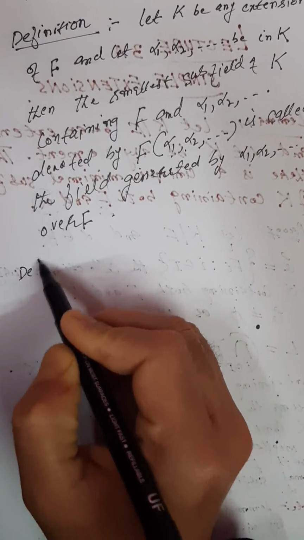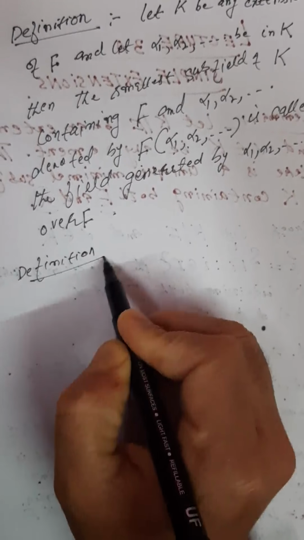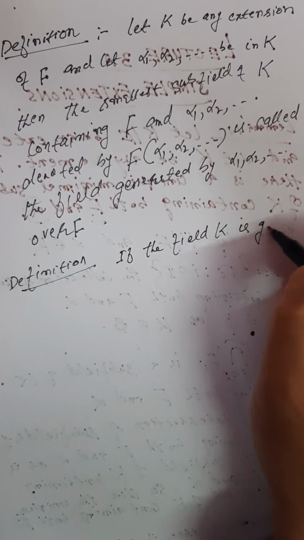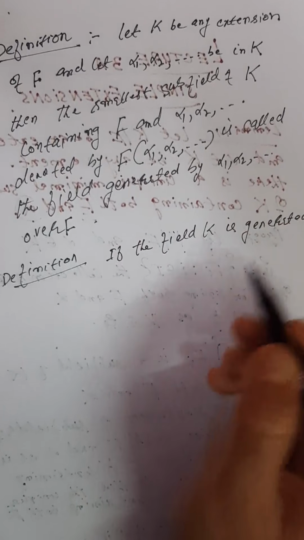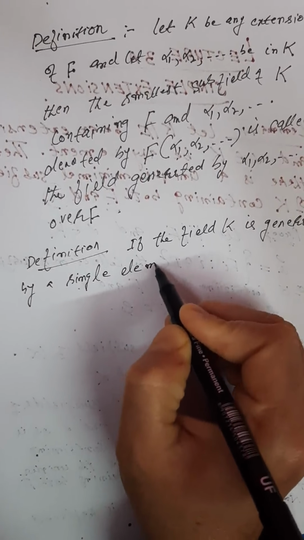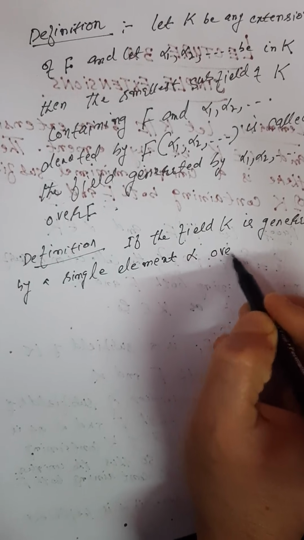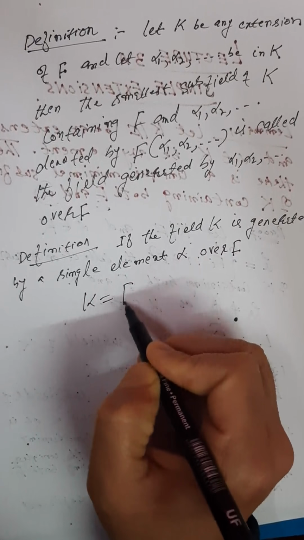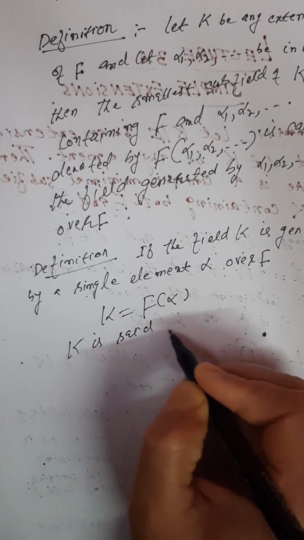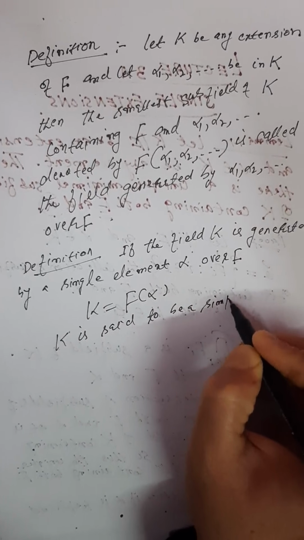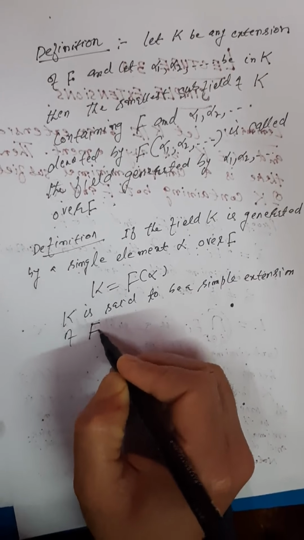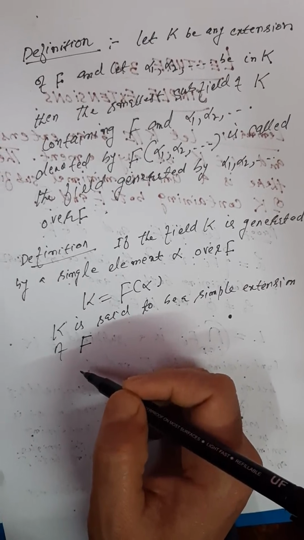So another definition: if the field K is generated by a single element alpha over F, so K is F(alpha), then K is said to be a simple extension of F. So the simple extensions exist because we have just seen in the lemma.